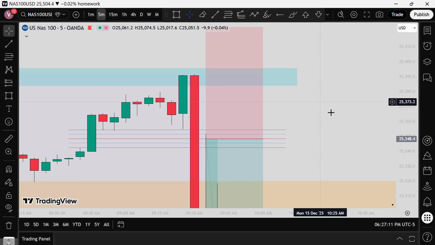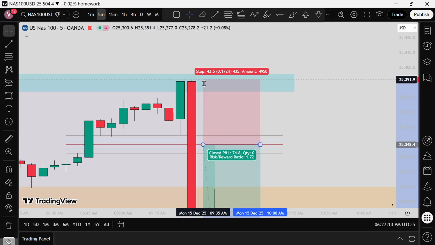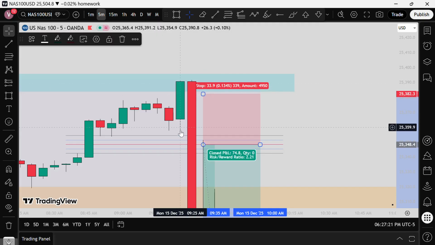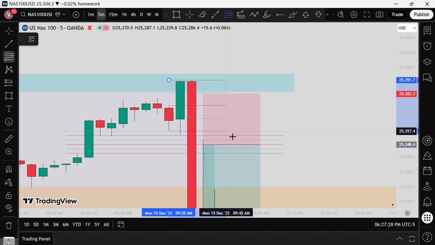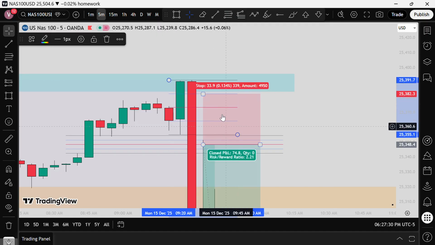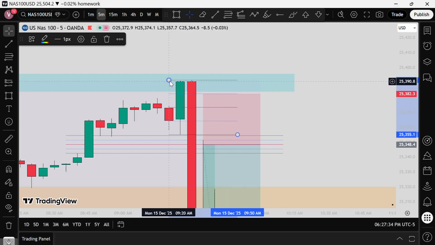And your SL could either be on the high, 5 points above the high, or at the upper quadrant of this green candle. So we grade this. Yeah, right there at the upper quadrant of this green candle.